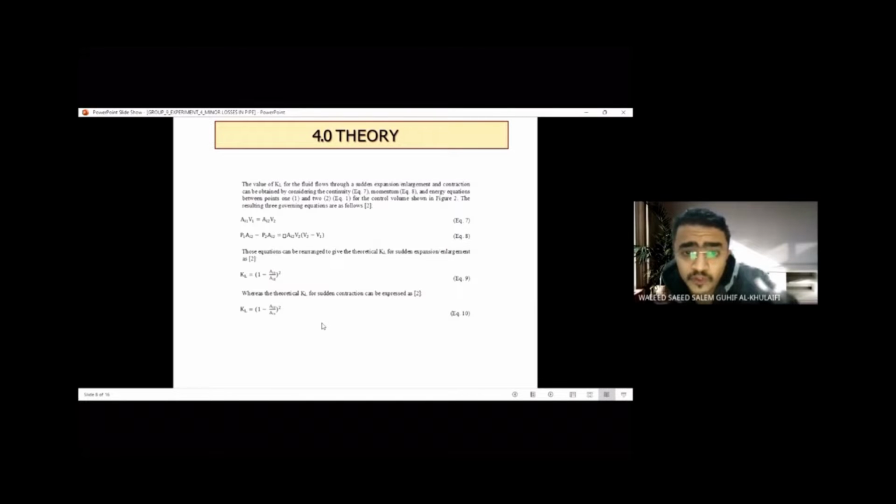For the control volume shown in figure 2, the resulting three governing equations are the following, as shown here, equation 7 and equation 8. Those equations can be rearranged to give the theoretical KL for a sudden expansion, as you can see here in equation 9, whereas the theoretical KL for a sudden contraction can be expressed in equation 10, as you can see here.